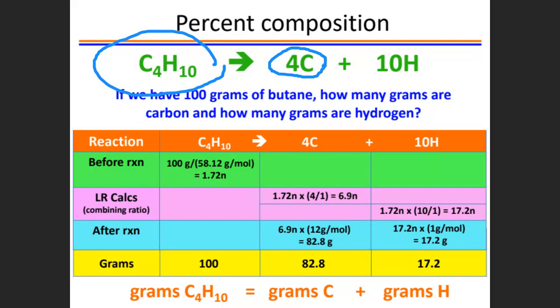So we always know the conversion factor: the unit we have to find out, we have to write on the top. Since we have to find out the mole of carbon, we write the carbon ratio 4 on top and the butane, C4H10, ratio 1 on the bottom.